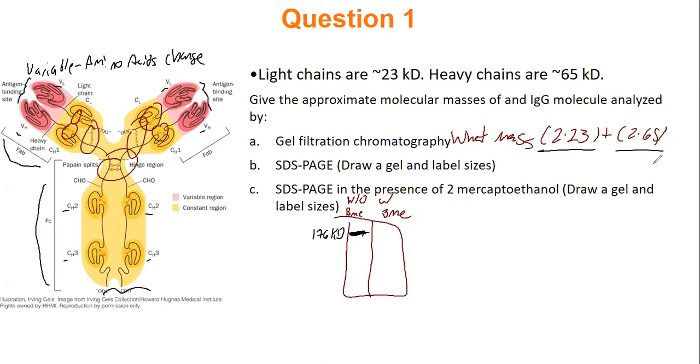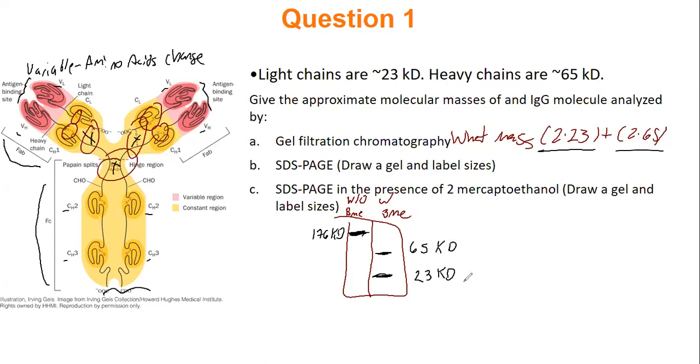If you did have beta-mercaptoethanol, all your disulfide bonds would break. And what you would see is 2 bands. You would see one band at 23 kilodaltons, and another band at 65 kilodaltons, right?